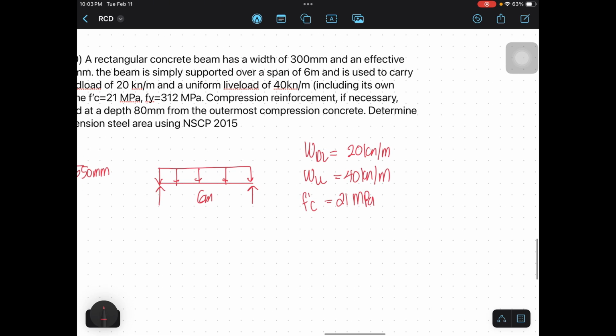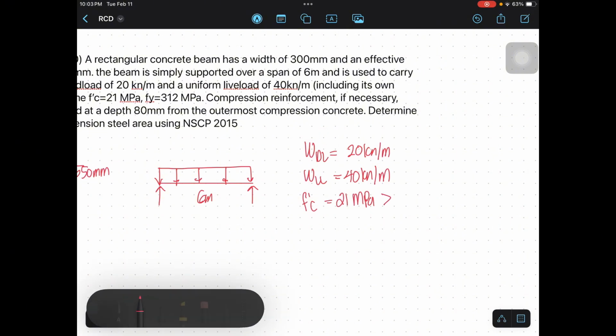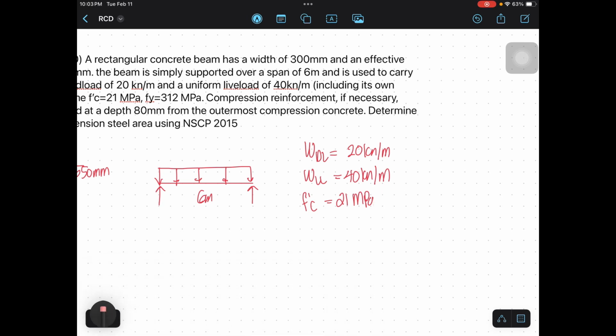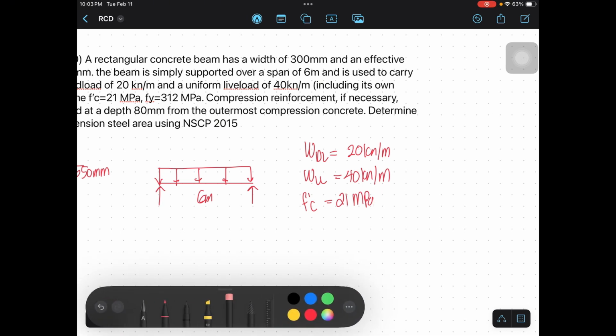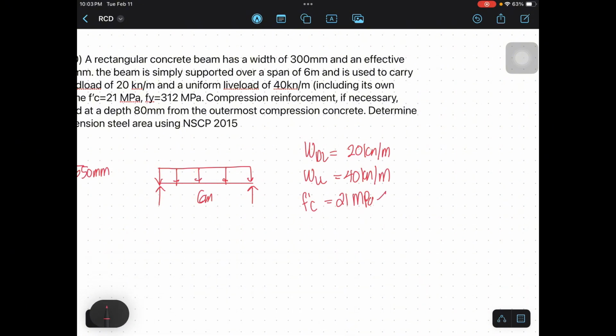Since the F prime C is less than 28 megapascal, therefore we can say that the beta 1 factor is equivalent to 0.85.